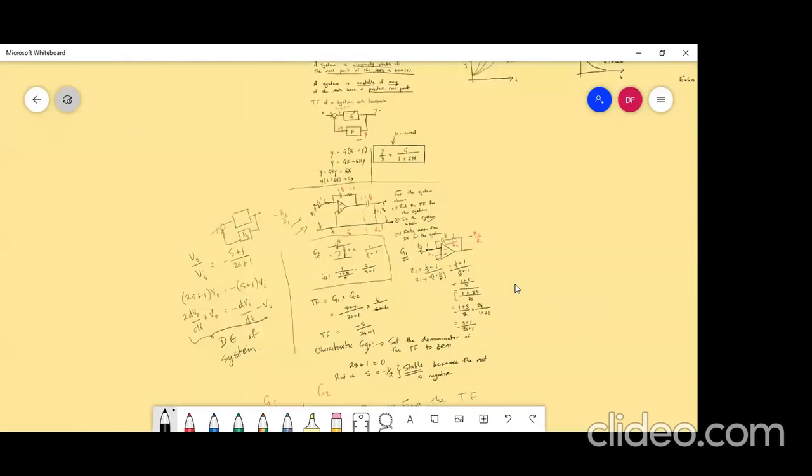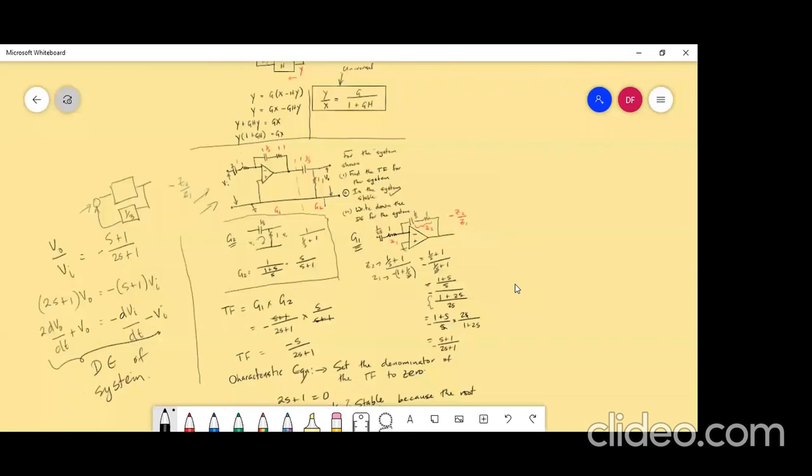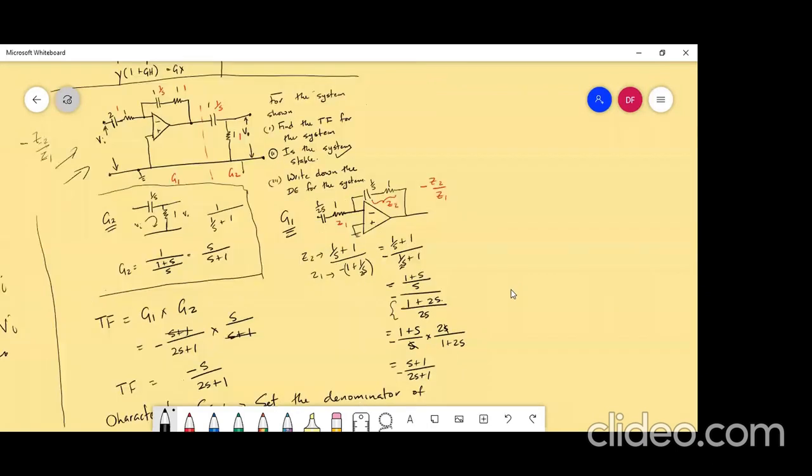When you have G2 equals 1 over 1 plus S over S, G2 would be 1 over S plus 1. So that would be my G2.